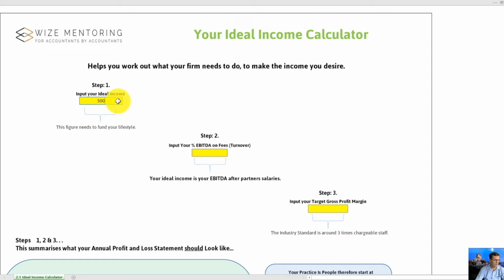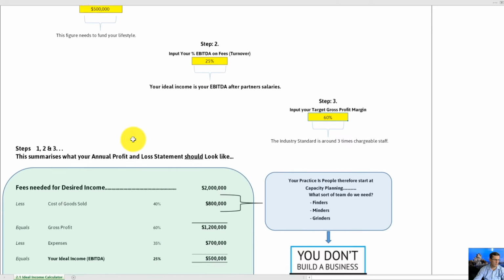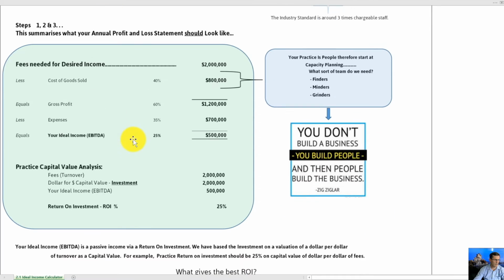So we're going to put in $500,000. The EBITDA that we think we can achieve is around 25%, and we think that we can get a gross profit of minimum of about 60%. Once we put in steps 1, 2 and 3, we just need to go down and have a look at what fees we need for the desired income.